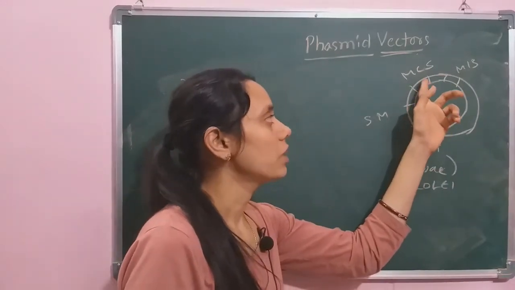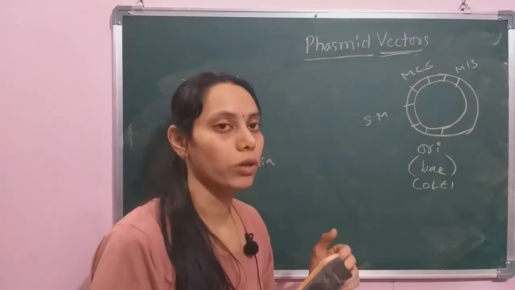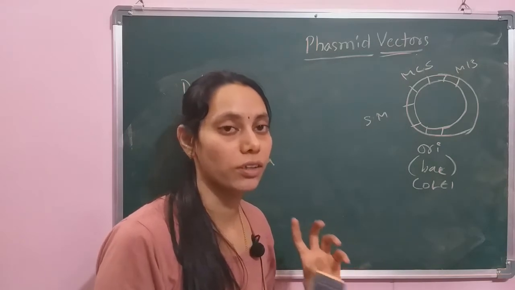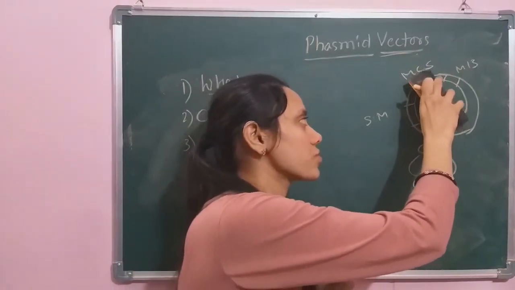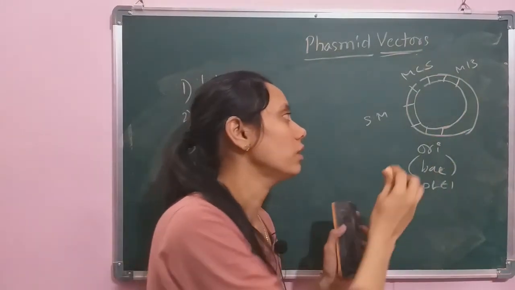And also we have a multiple cloning site. This multiple cloning site is also known as a polylinker, which has a combination of unique restriction enzyme recognition sites. So we can simply use one of its suitable restriction enzymes to cut this phasemid vector and insert the DNA.